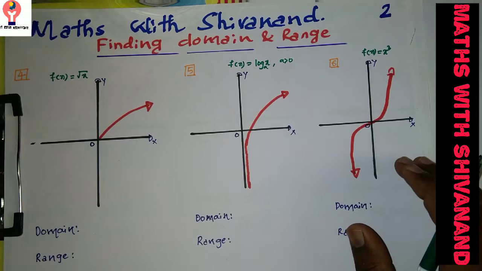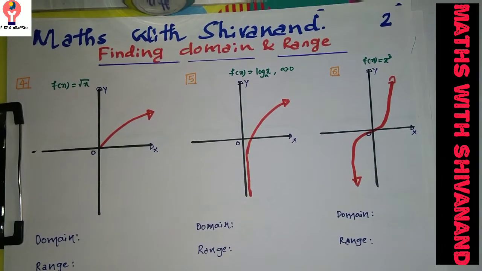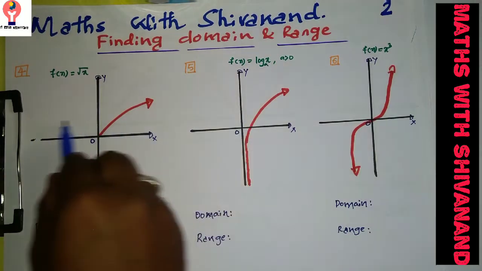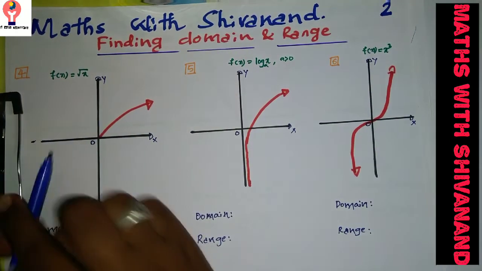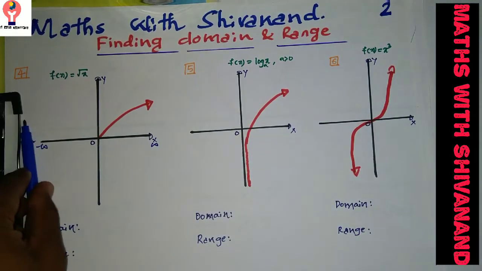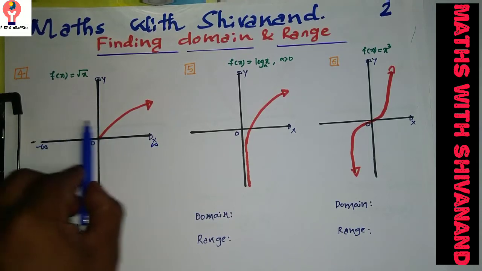Okay, so graph number 4, f of x is equal to root x. How to calculate this? It's a square root function. Domain is nothing but checking along the x-axis, from minus infinity to plus infinity. I am checking the graph now. For minus infinity up to 0 there is no graph value.